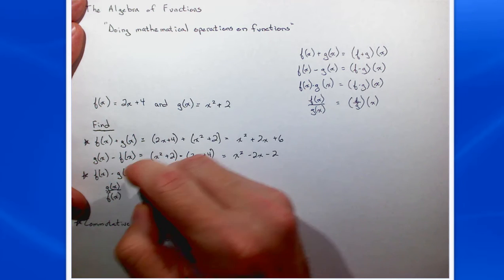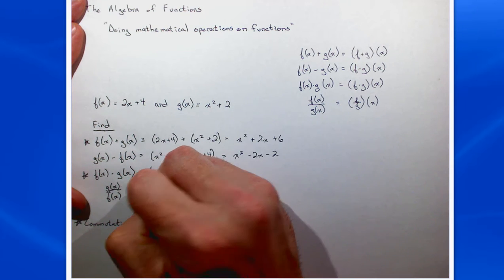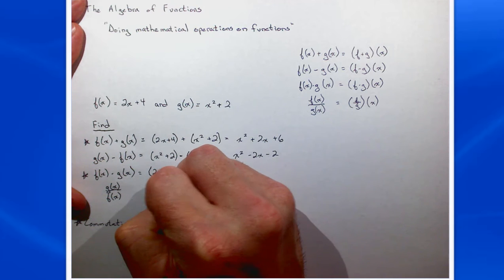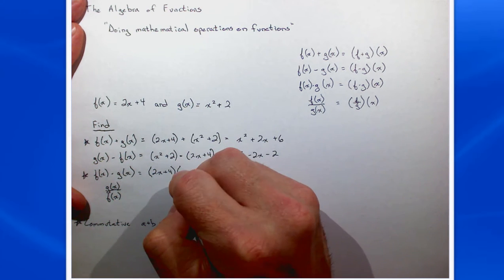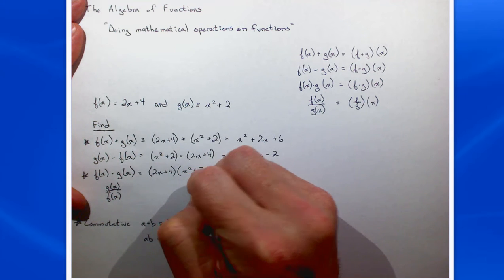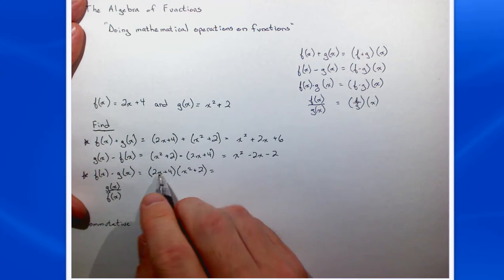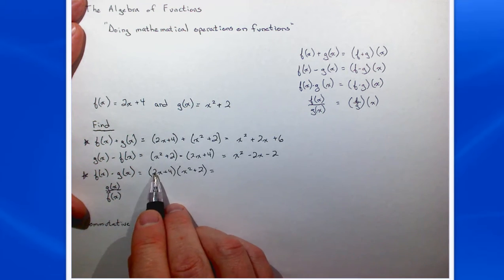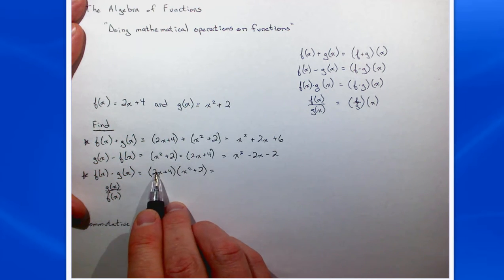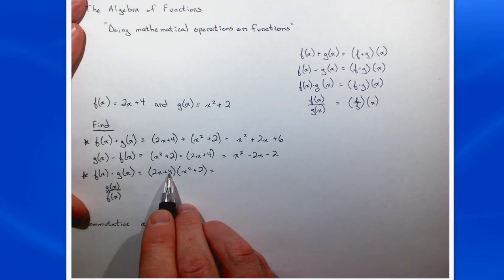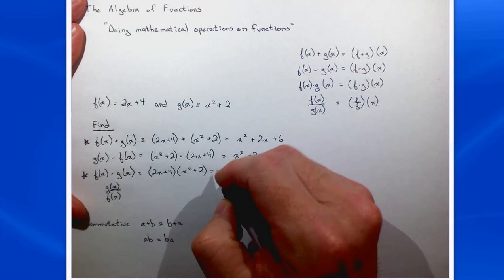And this one here, we're going to multiply. f of x is 2x plus 4, and g of x is x squared plus 2. And this is simply the FOIL method, or you're distributing each term. So I distribute the 2x to both of those, and then I distribute the 4 to both of those.